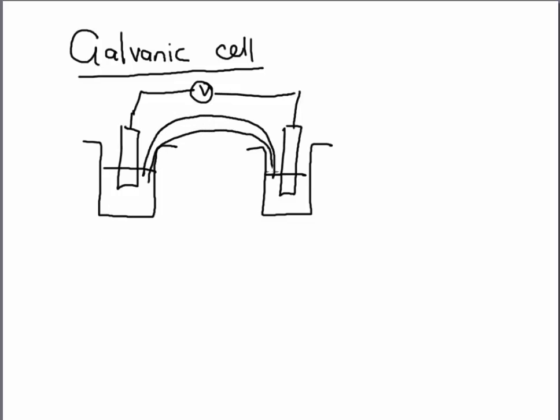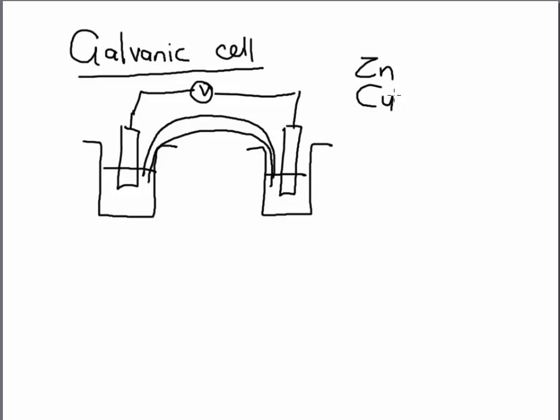So let's go and investigate a specific example. This salt bridge connects the two electrolyte solutions with one another. If we go and we investigate a zinc-copper galvanic cell, we know that zinc and copper on our table of standard reduction potentials has certain values.